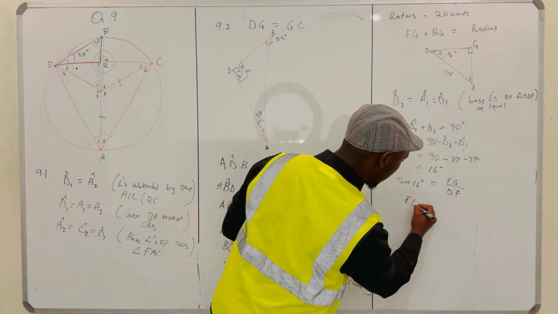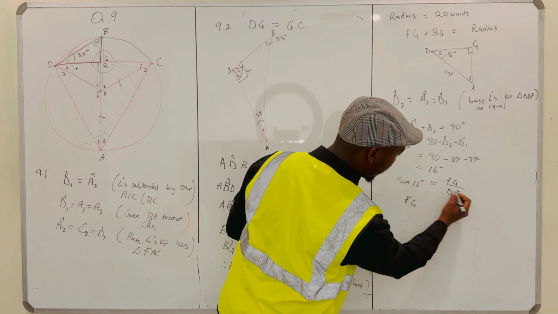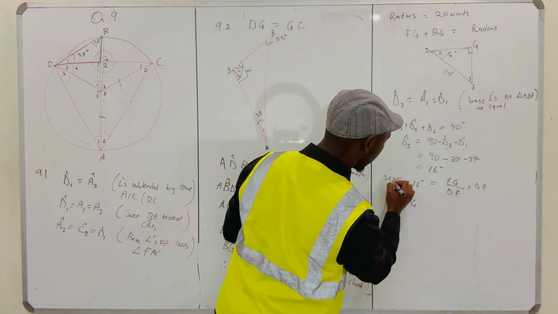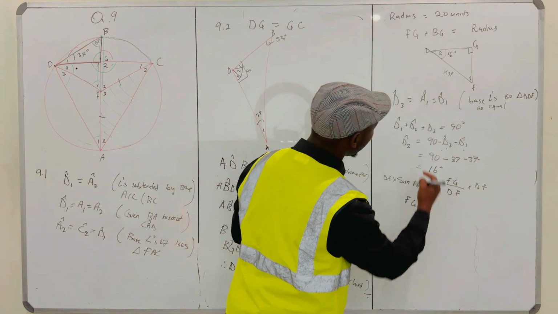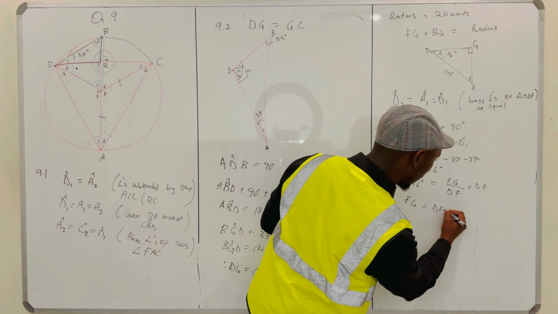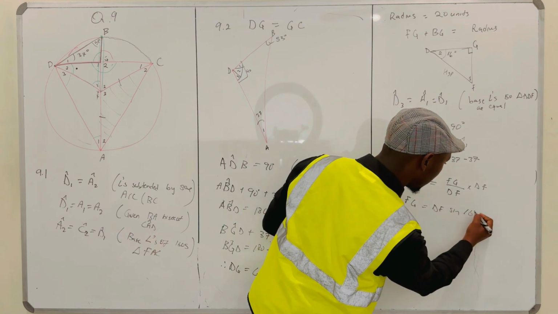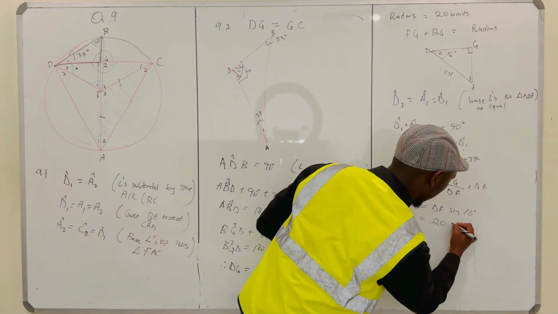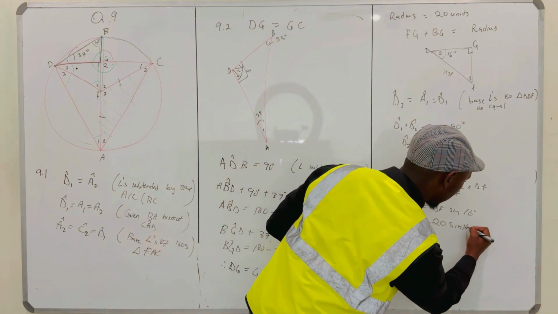We're trying to look for FG, so we can make FG the subject of the formula by multiplying by DF on both sides. DF, in other words, is just our radius. So FG equals DF sine 16 degrees. What is DF? DF is 20 units. Multiply this by sine 16 degrees.